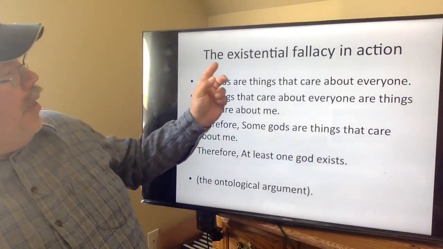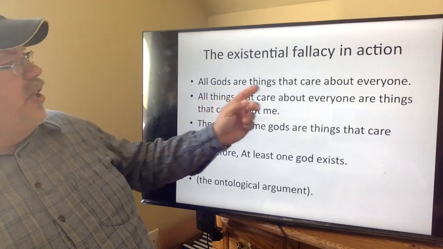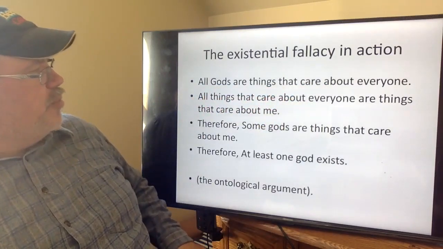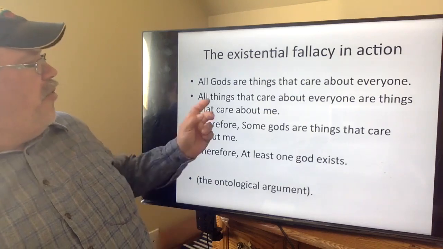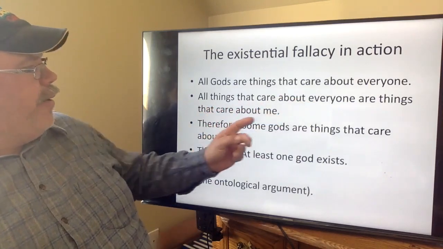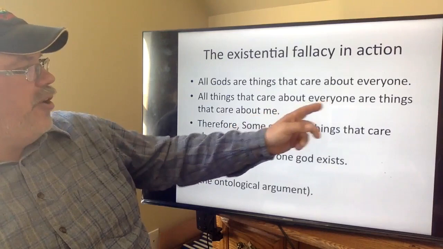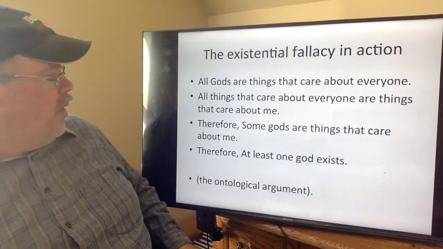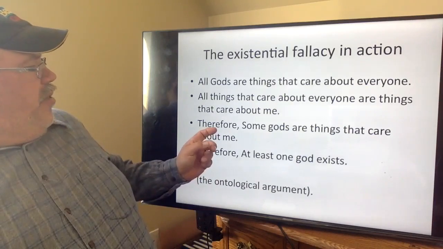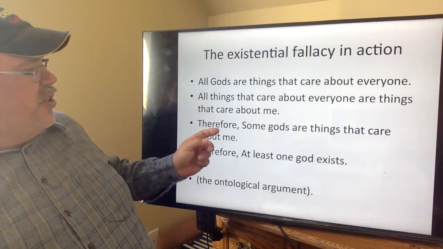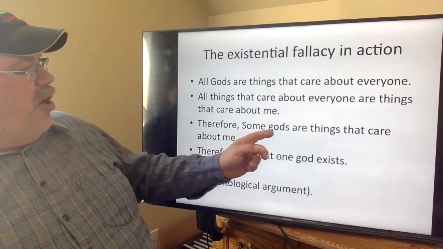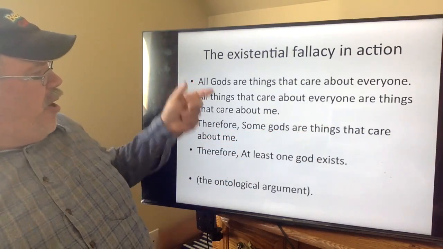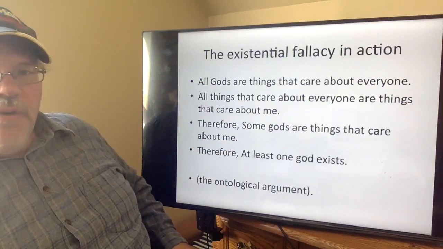All gods are things that care about everyone. Well, I think lots of religions would buy that. All things that care about everyone are things that care about me. Well, since I'm part of everyone, that seems also true. And therefore, here comes the conclusion to the syllogism: some gods are things that care about me. And that argument passes the 5 rules.